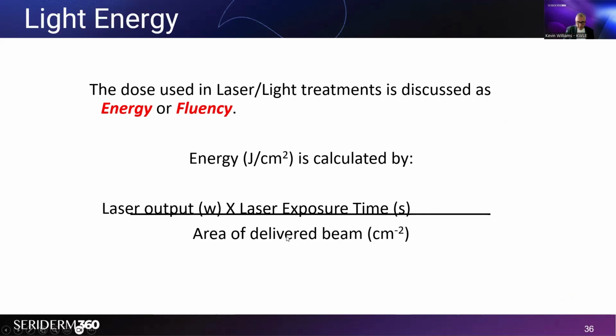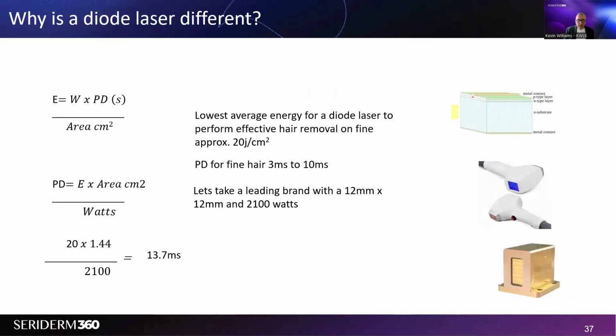Okay. Now, if you take my word for it, on average, depending on spot size, typically we need about 20 joules per centimeter squared if I'm using an alexandrite laser for hair removal. And if I'm doing fine hair, I need a pulse duration of 3 milliseconds or less.